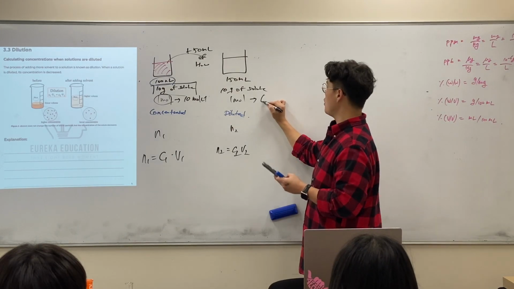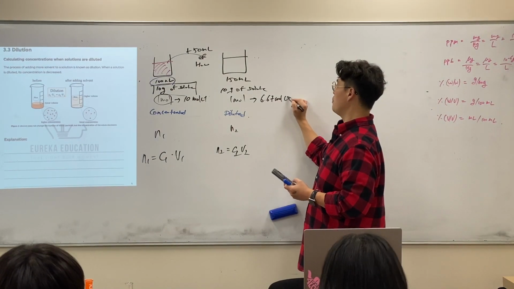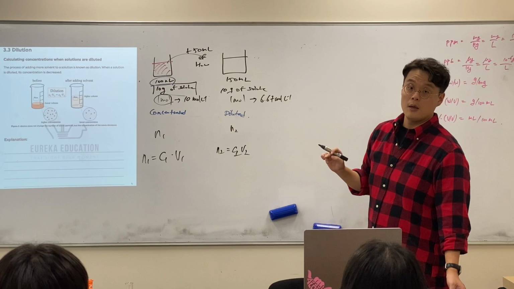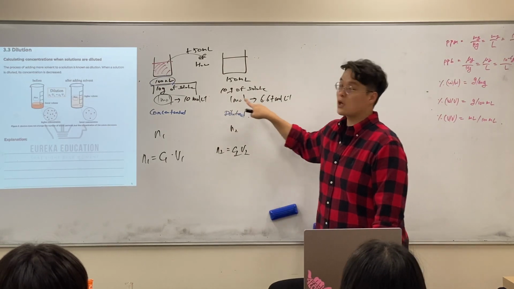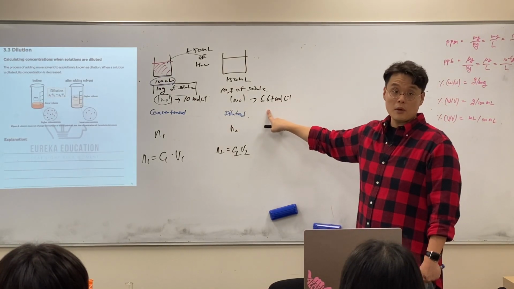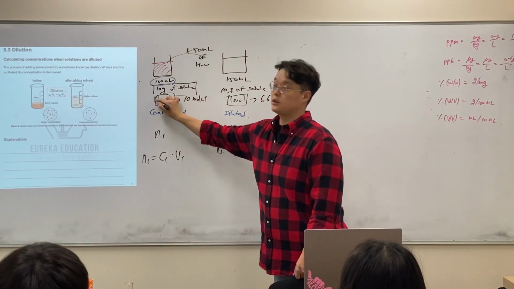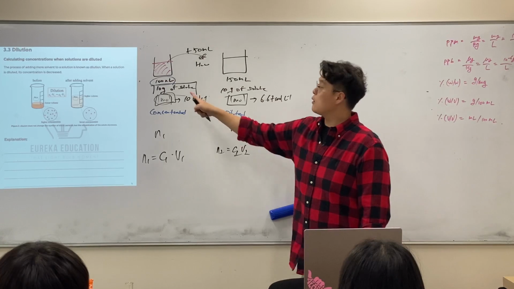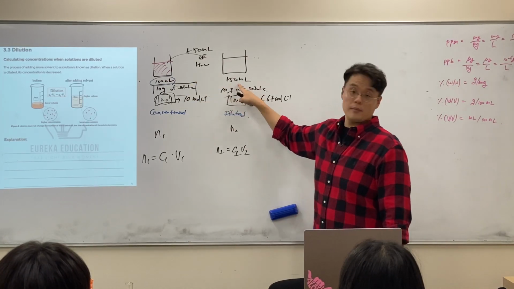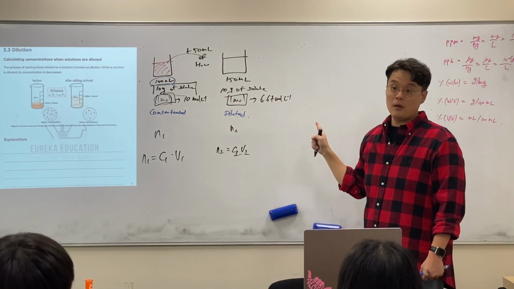That's giving you 6.67 mole per liter here. Even though we have a different concentration here, remember that we have the same amount of mole dissolved. The only difference here and there is the volume that is added extra.